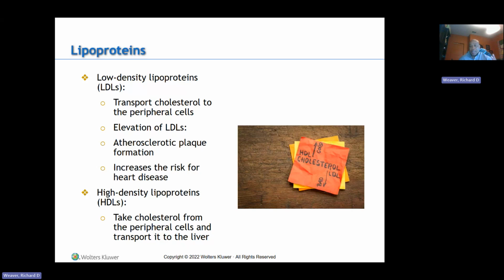So basically, the higher the HDLs, the lower the risk of development of atherosclerosis, because it is not allowing all that cholesterol to stay in the blood in order to get inside of the walls of the arteries. Instead, it's taking it to the liver, breaking it down, metabolizing it, and then it's excreted in the stool. And so that just decreases the risk of atherosclerosis.